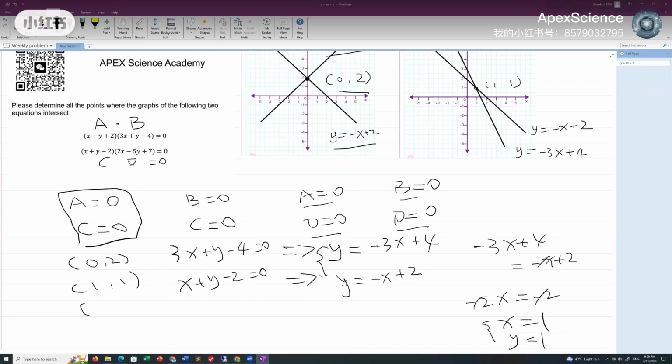Okay, so the result for the next two conditions will be negative 1, 1, and 13 over 17, and 27 over 17. Okay, so that's all I want to share with you for this problem.